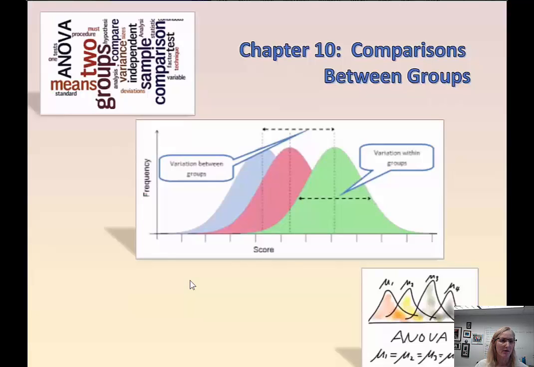But basically, all ANOVA is what it explains right here. It's a comparison between various different groups where we're looking to see if their means, like in this picture, are far enough apart for us to say that this group is actually different from this group, which is actually different from this group.